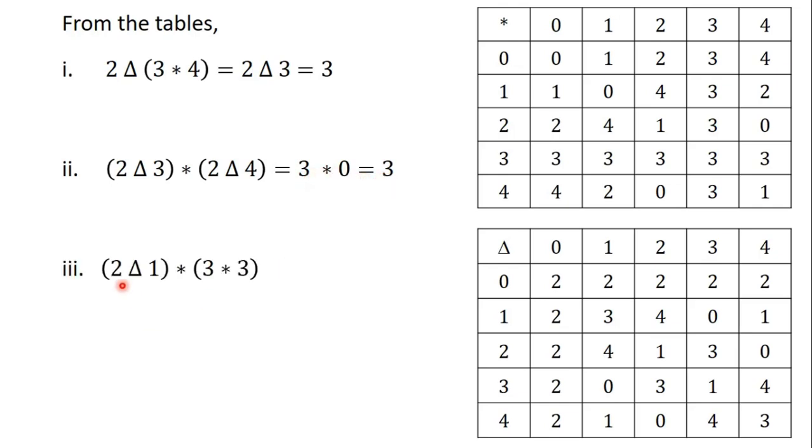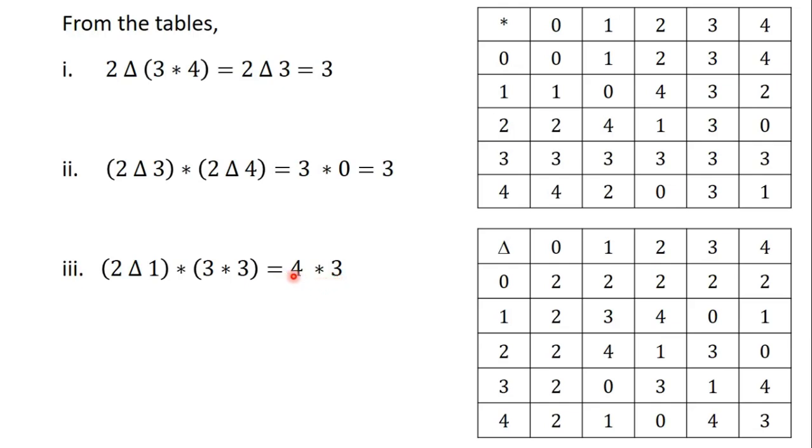The last one is (2 delta 1) star (3 star 3). So you begin with the first bracket, 2 delta 1. 2 delta 1 will give us 4. So we have 4 star, and you have to find what is in the second bracket, which is 3 star 3. 3 star 3 will give us 3.